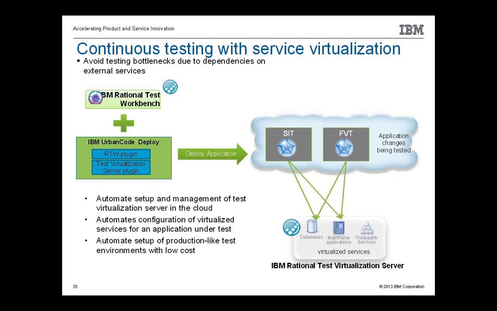And from the Rational Test Workbench, there are integrations with IBM UrbanCode Deploy, where as part of this process, we're able to deploy the application, provision test data environments, and instantiate these virtual components, so that as the build is brought into the system, the deployment is automated, the test data is automatically stood up, the virtual components are automatically put in place, and the test execution is automated.